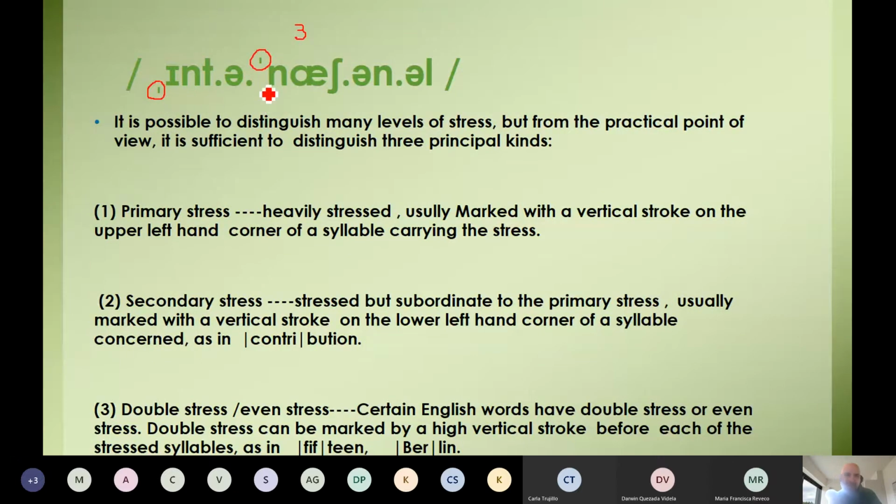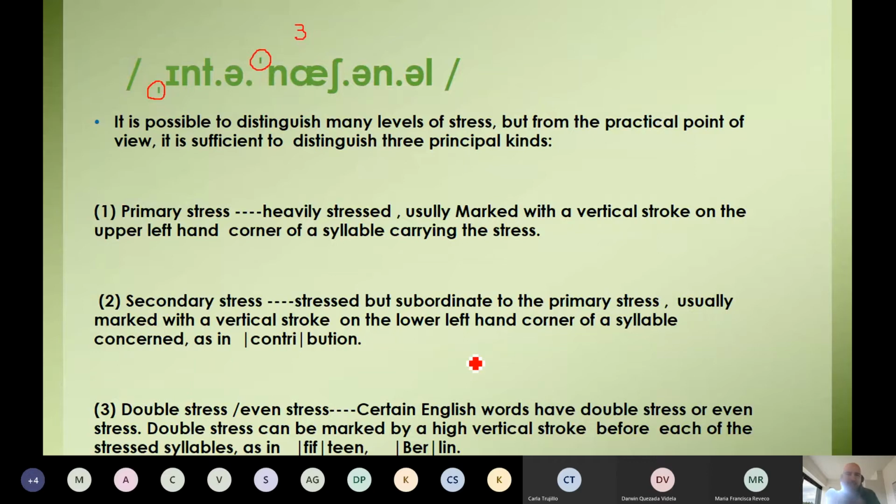There's a high probability that we are going to place the primary stress in the root word, and we're going to use a secondary stress in this segment that goes at the beginning. So in terms of stress, we're going to find different levels: primary stress, secondary stress, and sometimes we're going to have an even stress, which is quite uncommon, by the way. A double stress, that's quite uncommon.